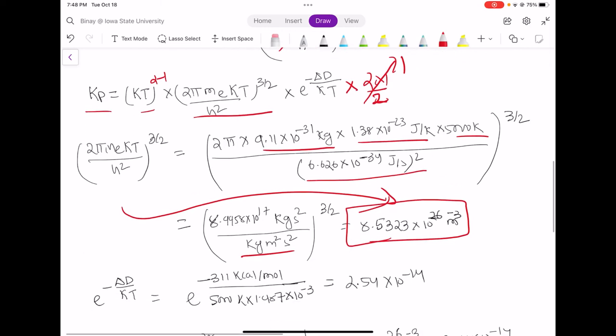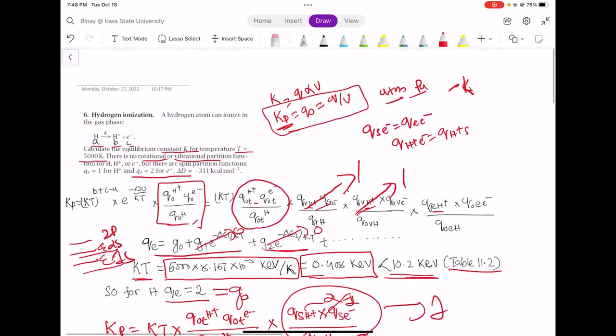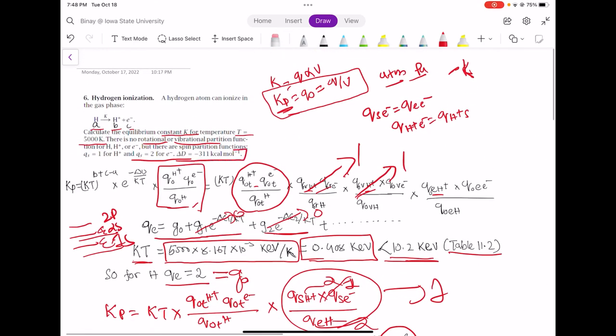Okay, now we have this term e to the power minus delta D over kT. Delta D is given in the question, so it's already there. We don't need to go to the table, just mark the units. It's kilocalorie mole inverse. So when you see a mole inverse, instead of k you need R, because in k we don't consider mole, but in R we consider per mole.